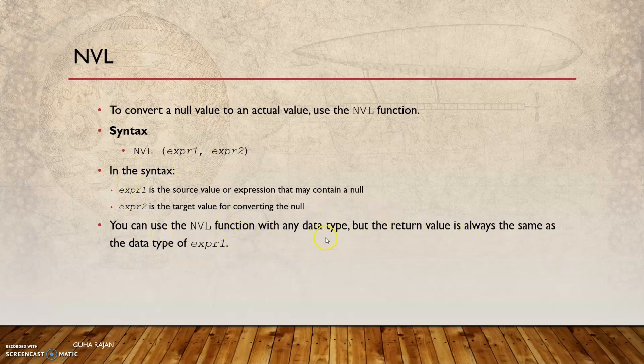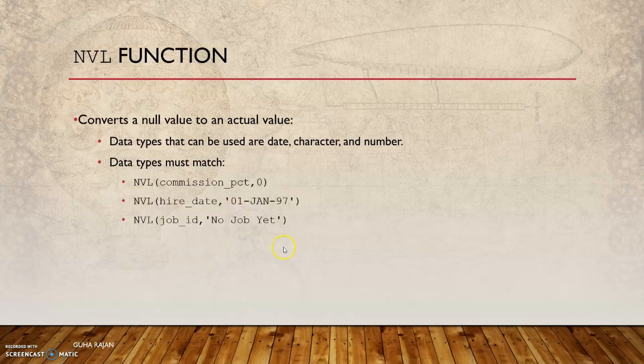You can use the NVL function for any data type, but the return value is always the same as the data type of expression 1. So that's about the NVL function, and here are the examples. Suppose the commission percentage is null for a particular row. When you retrieve it, you can substitute it with a 0.